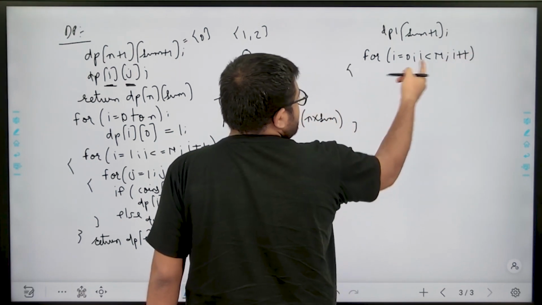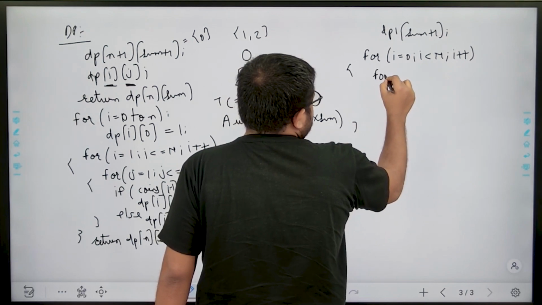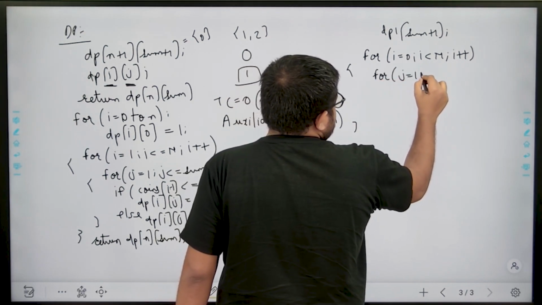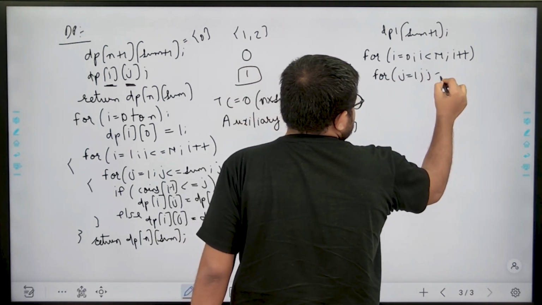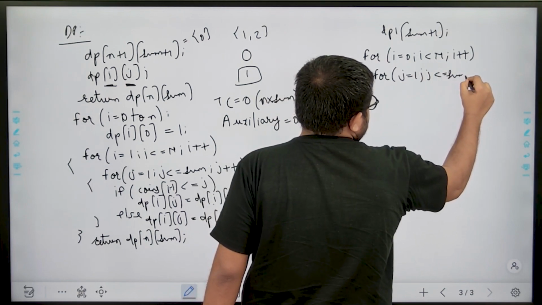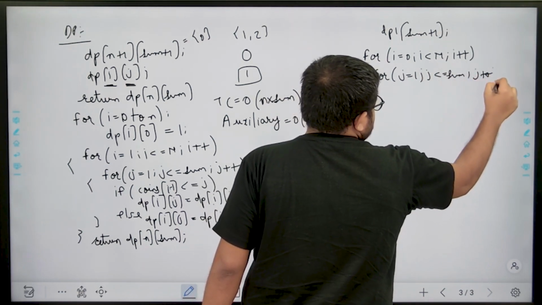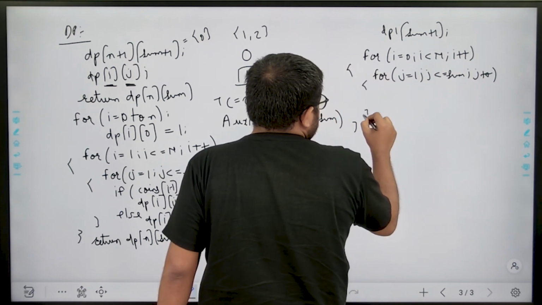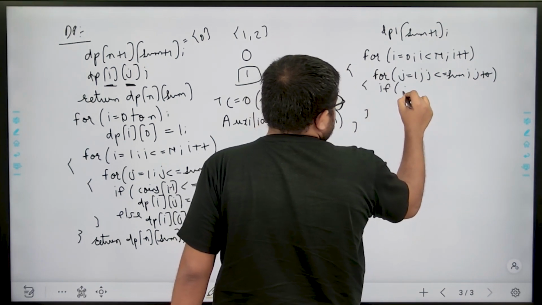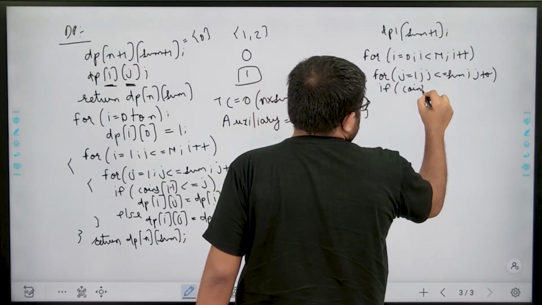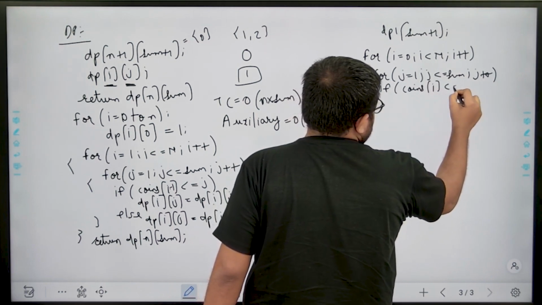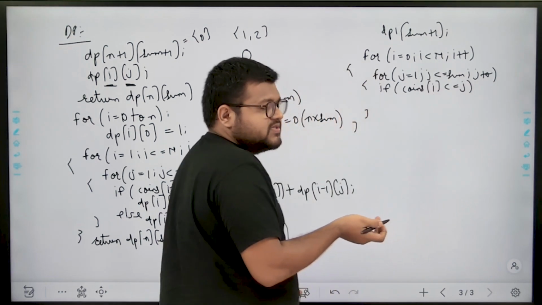This is for the coins. For the sum, j equals 1, j less than or equal to sum, j plus plus. If the value of the ith coin, that is if coins of i is less than or equal to j, only then we will consider it.